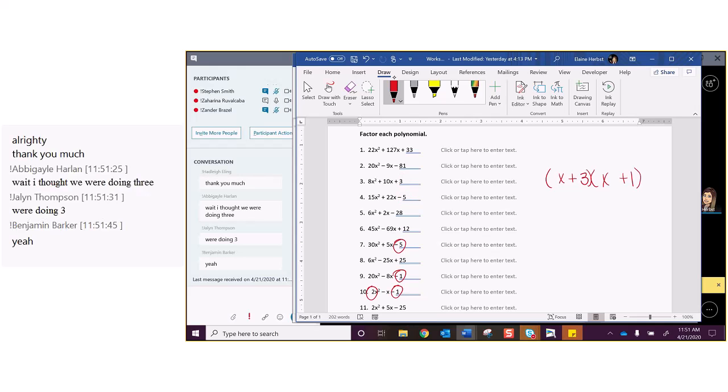Because if you move it, you start getting combinations that you already did or you're going to miss a combination. So now I switch the 4 and the 2. Put a 4 here and a 2 here. This is 6x and this is 4x, and that gives me 10x. So there's the answer: 4x plus 3 times 2x plus 1.